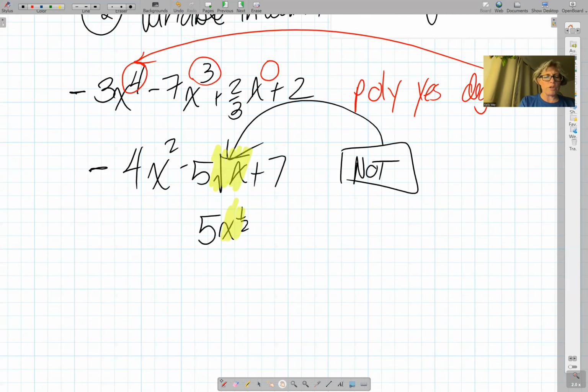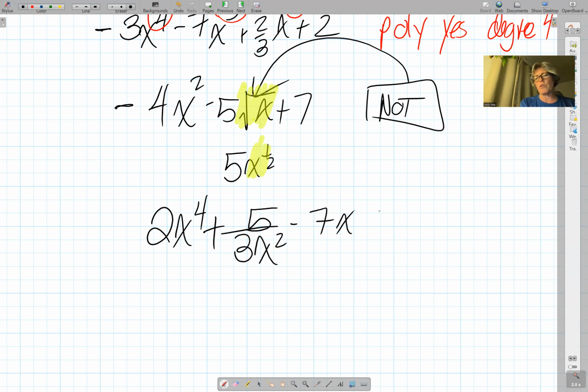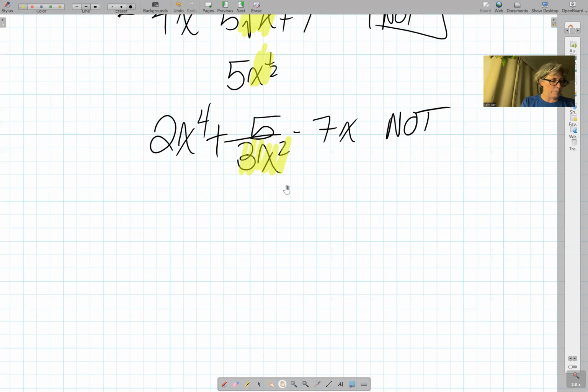Let's do one more, just so you can see it here. If I have, let's say, 2x to the fourth, 5 over 3x to the second minus 7x. That would be a not, because you have a variable in the denominator. Something as simple as 7x?